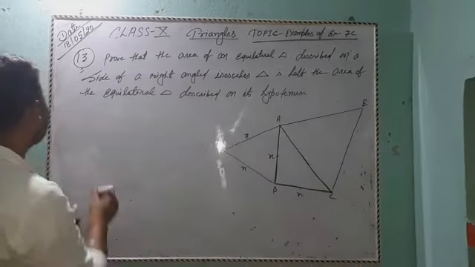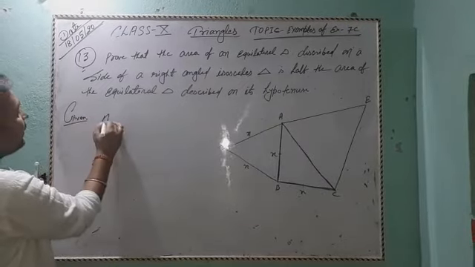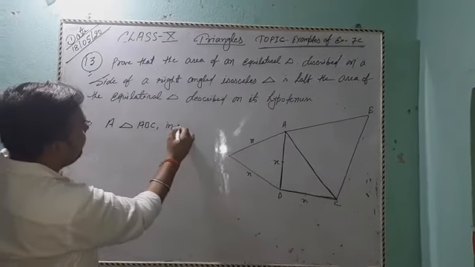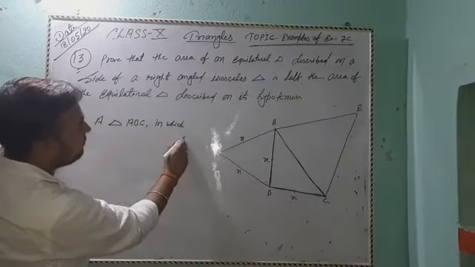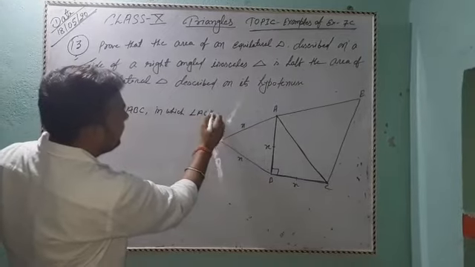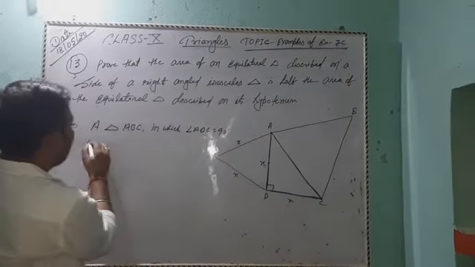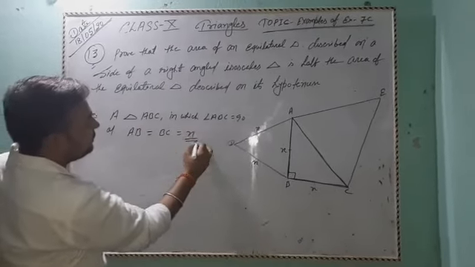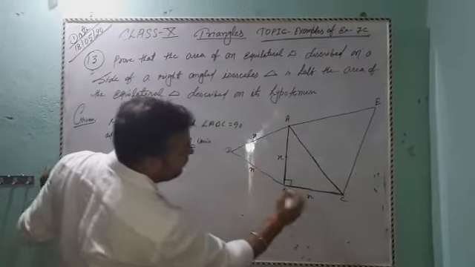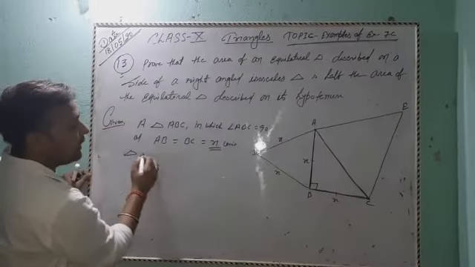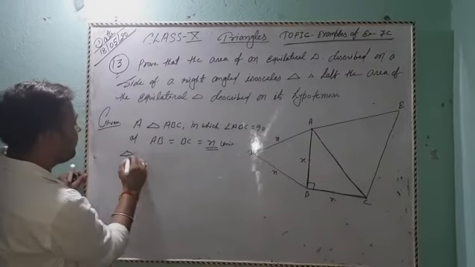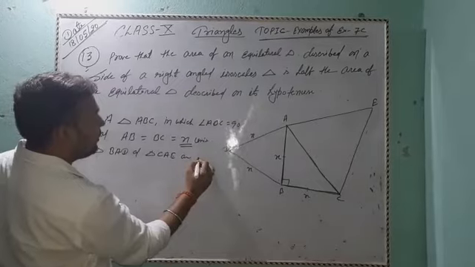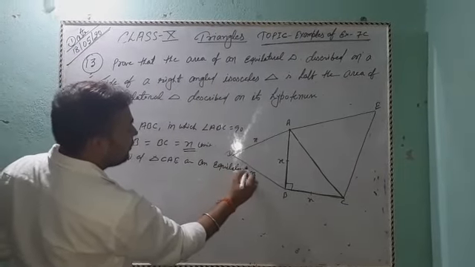So, given a triangle ABC in which angle ABC is 90 degrees, and AB equals BC equals x unit, and triangle BAD and triangle CAE are equilateral triangles.